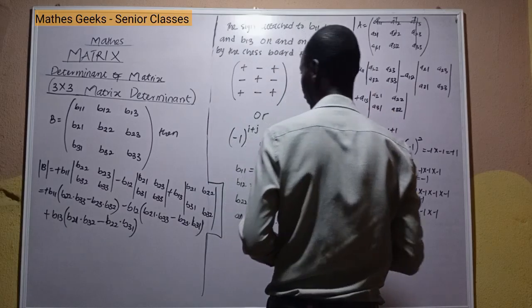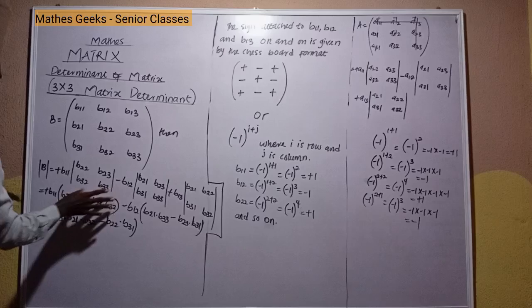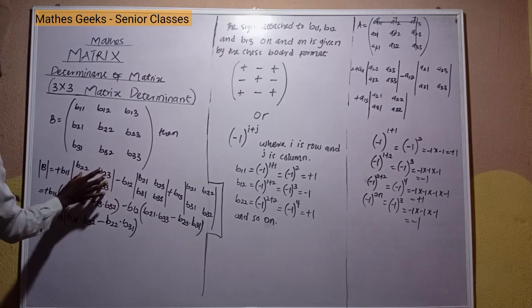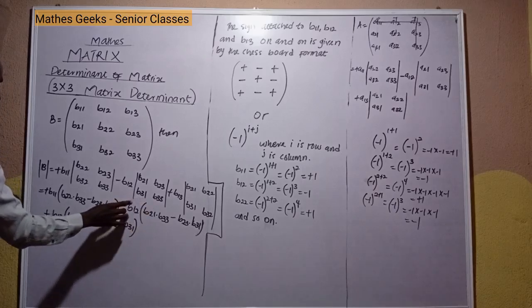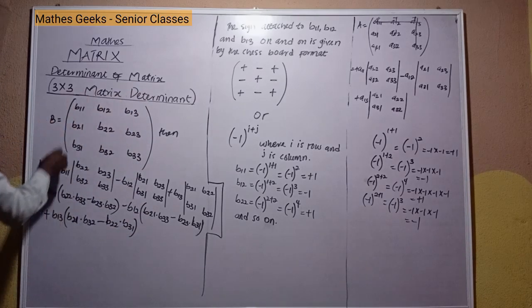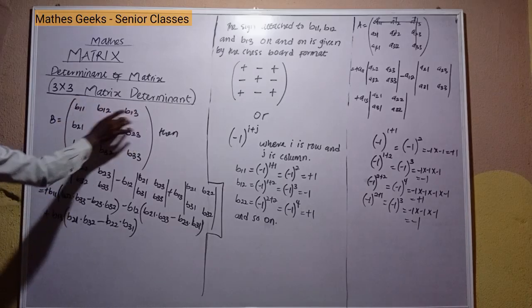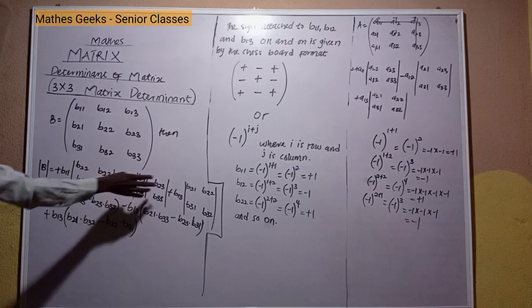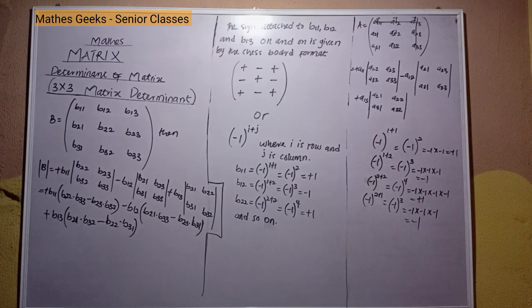That is what this part means: the determinant of the 2 by 2 matrix multiplied by the scalar that was factored out, with the sign attached to that entry in the row. So this is how we go about determining the determinant of a 3 by 3 matrix. The examples we take subsequently will show how we do this practically.